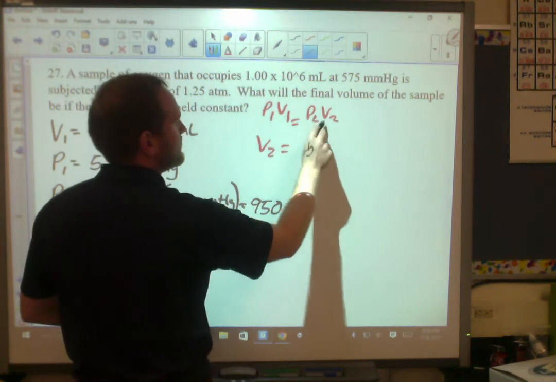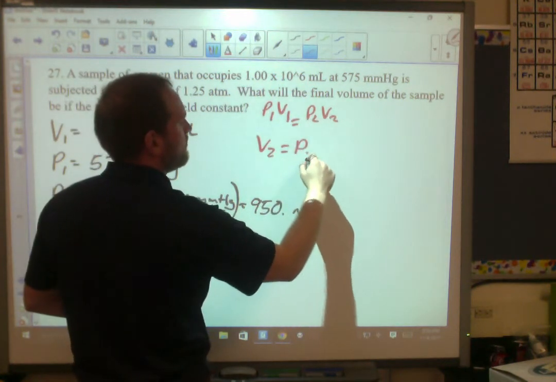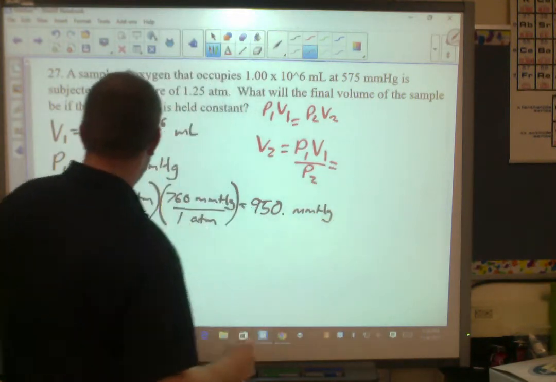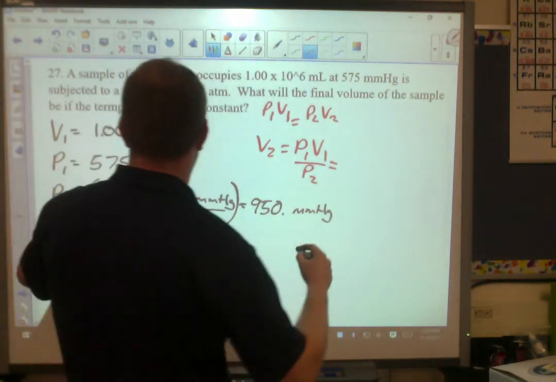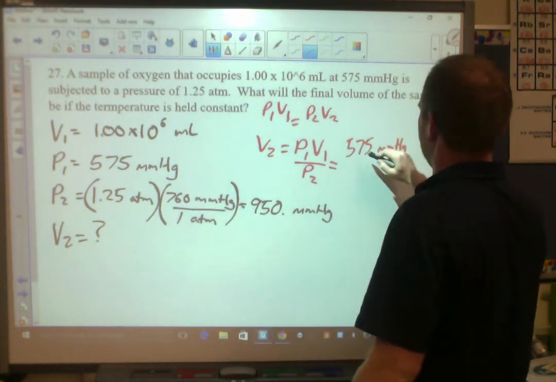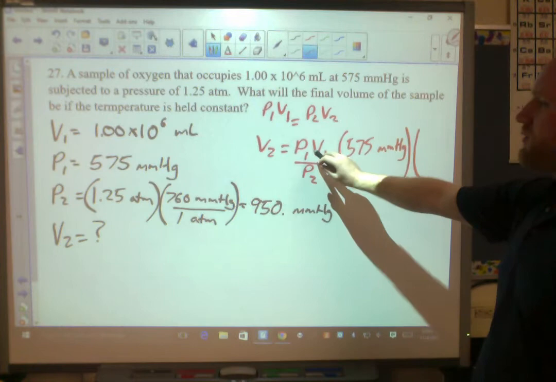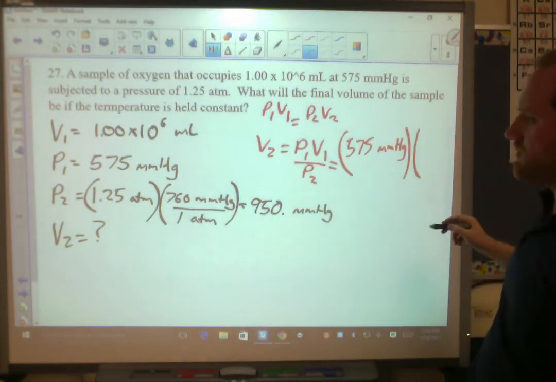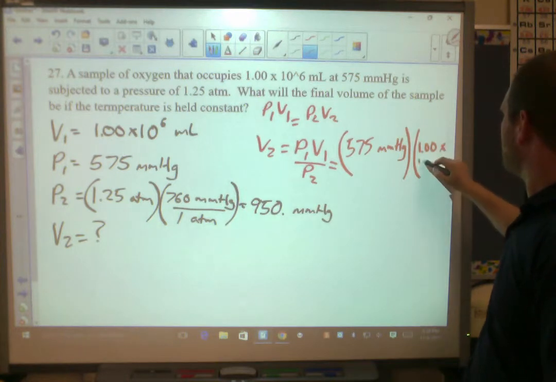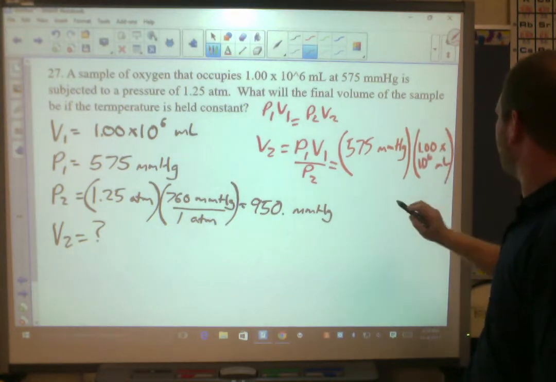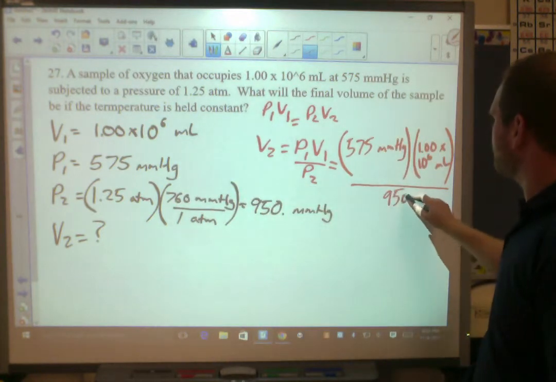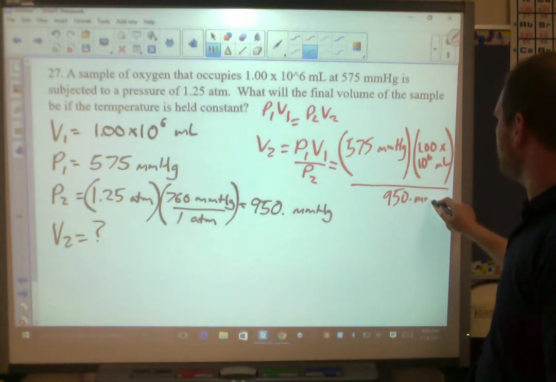So V2 is going to equal P1 V1 over P2, which is going to be my starting pressure, 575 mmHg, times my starting volume, which is 1.00 times 10 to the 6 milliliters, divided by my new pressure, which is 950 mmHg.